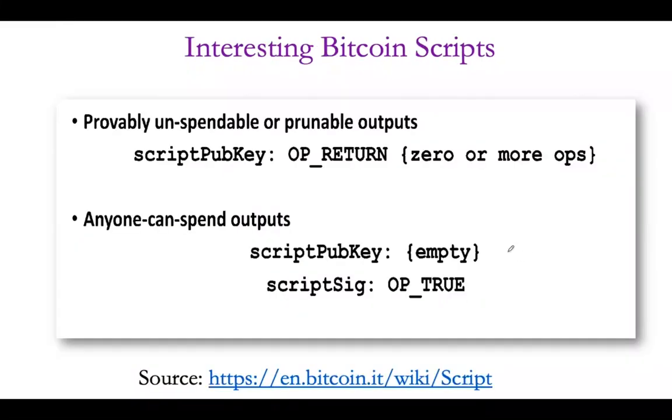So for inserting a Bitcoin into your network, what Bitcoin script is used is provably unspendable output, we can say, where we are going to create the new coins.